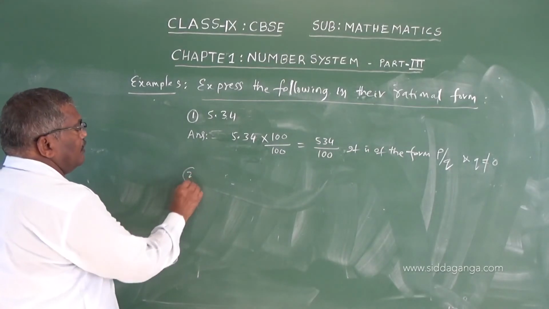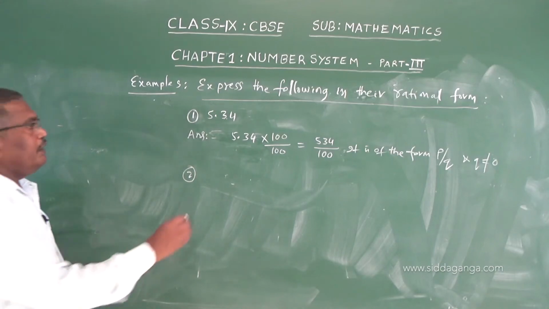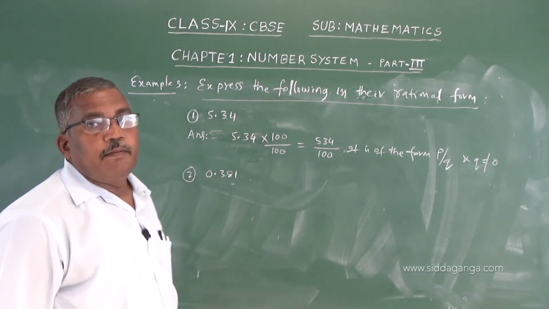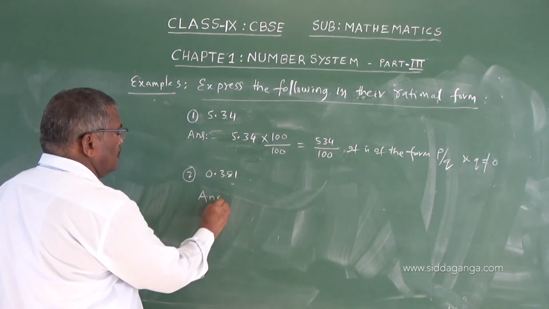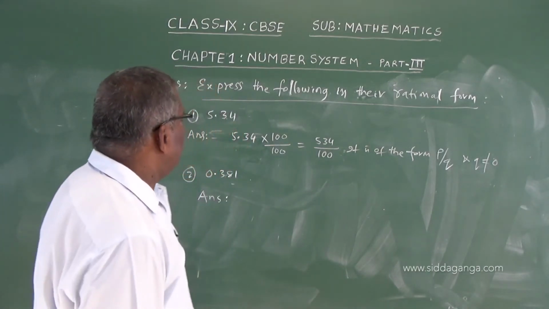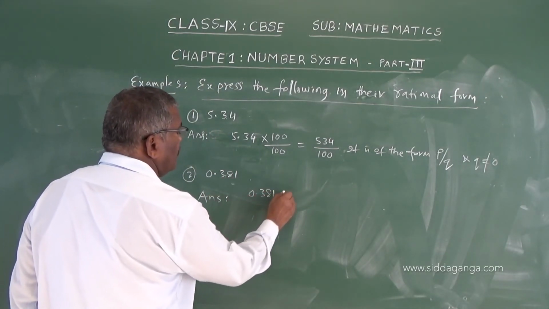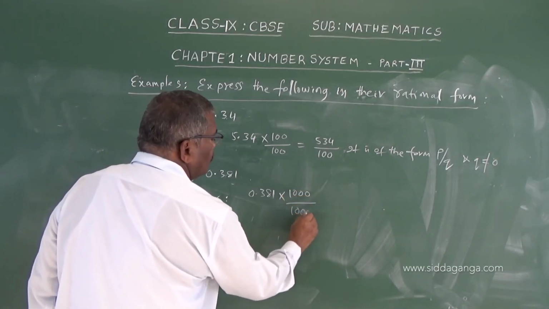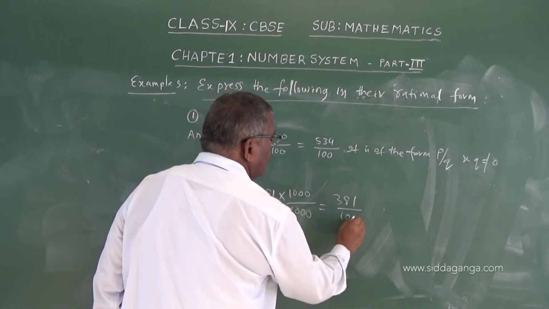Similarly, the second one, 0.381. In this case, after the decimal there are three digits. Therefore, you multiply 0.381 by 1000 and divide by 1000. You will get 381 divided by 1000.